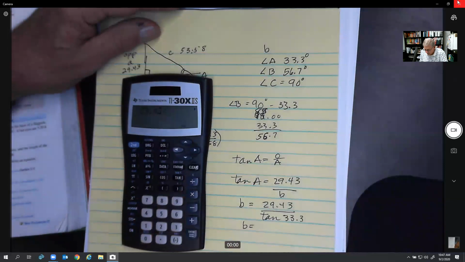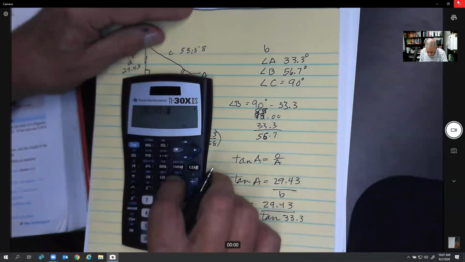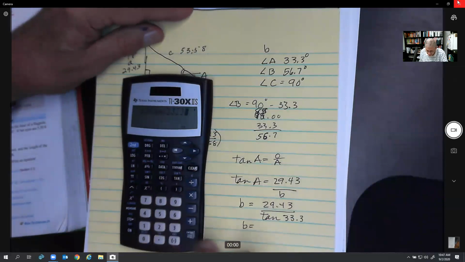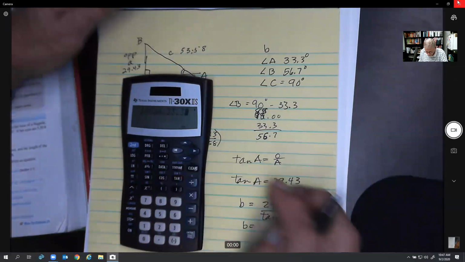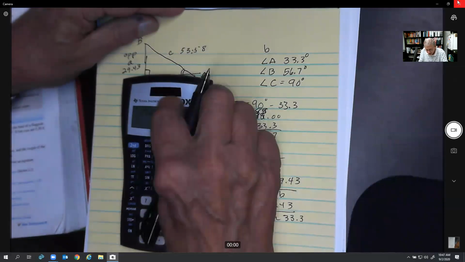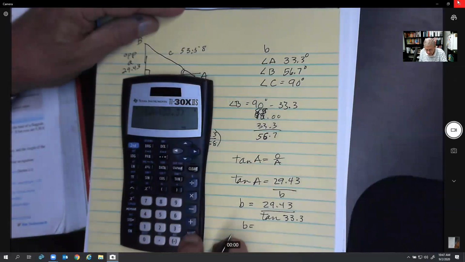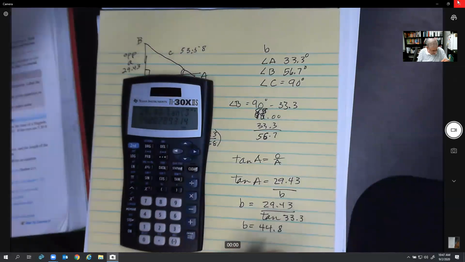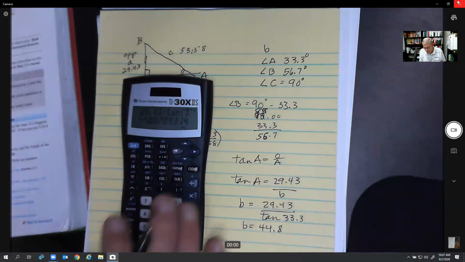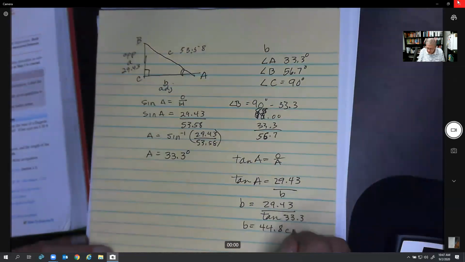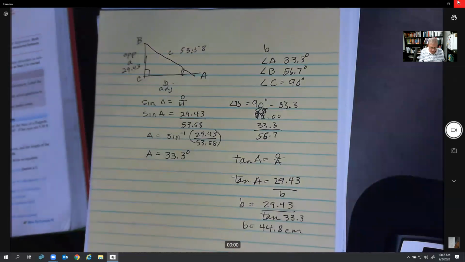It probably won't be quite as accurate, but we'll see. Tan 33.3, which is already in degrees. Don't forget to close it off. Equals. I come up with 44.8. What did they come up with? 44.77. So we're pretty close, centimeters. They came up with 44.77, I got 44.8.